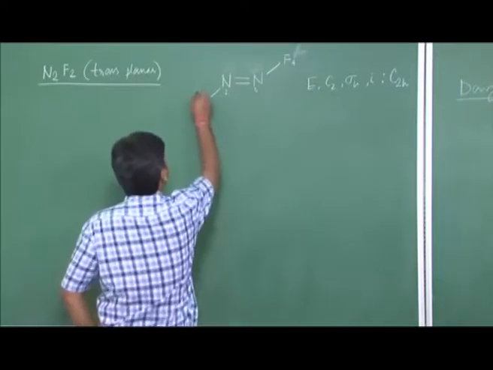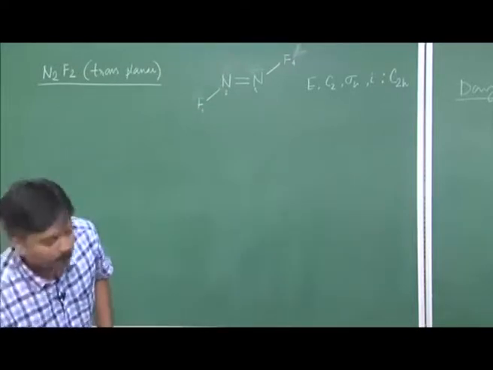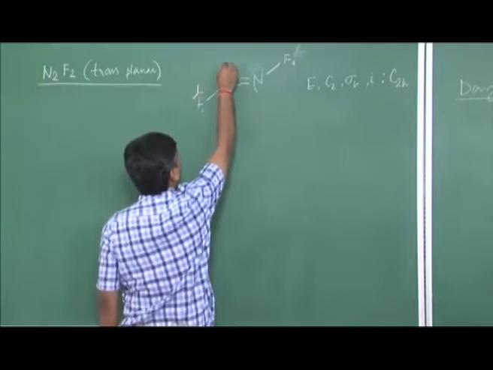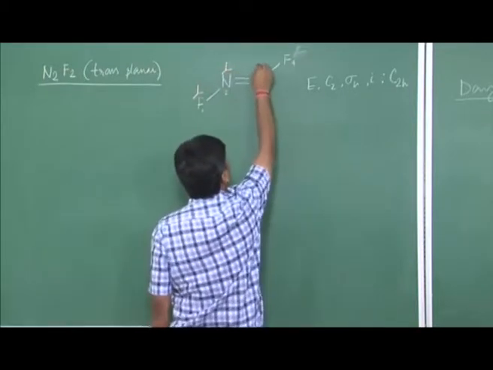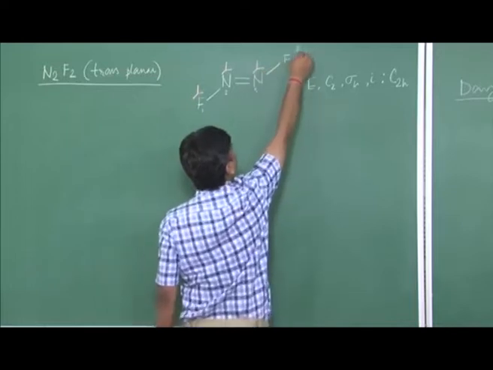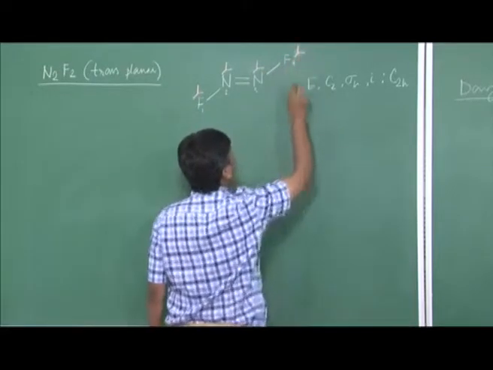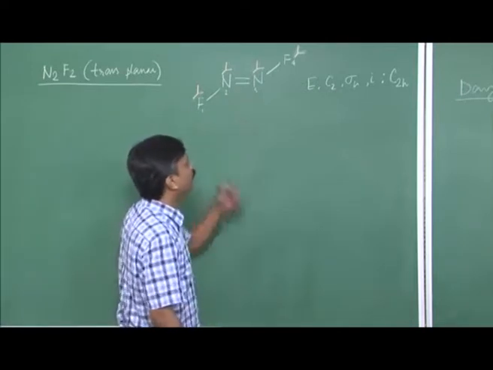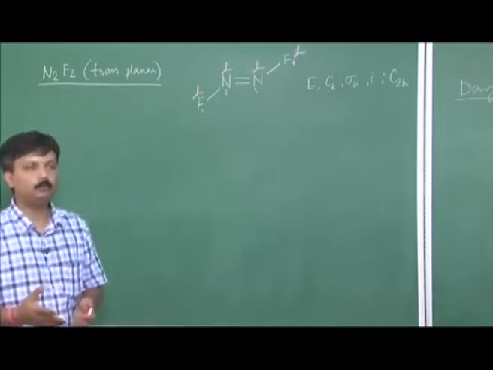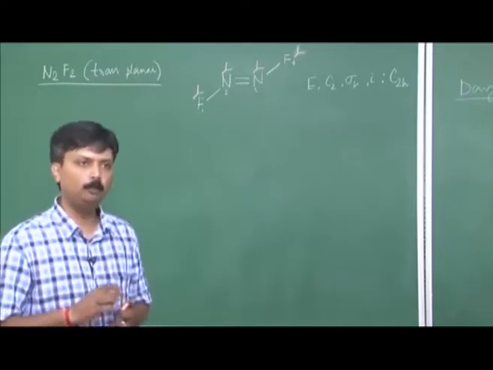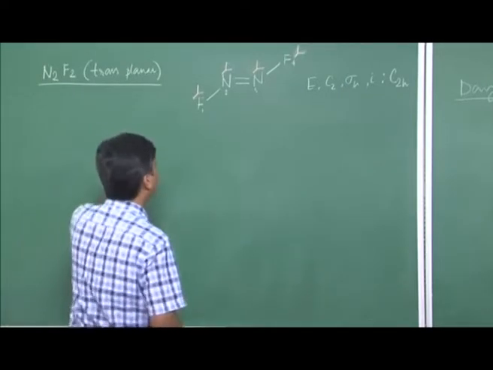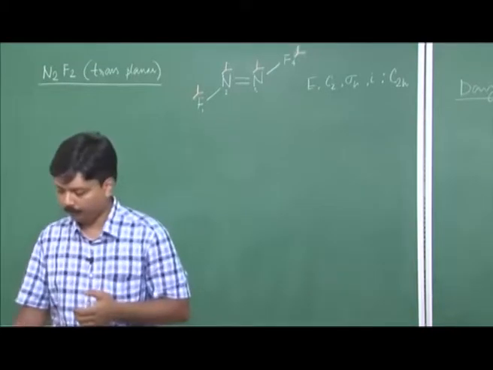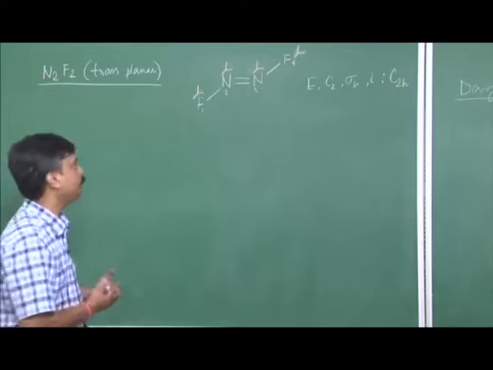So we will consider the x, y, z coordinates on each one of these atoms. In total I have 4 times 3 equals 12 Cartesian coordinates as my basis functions.